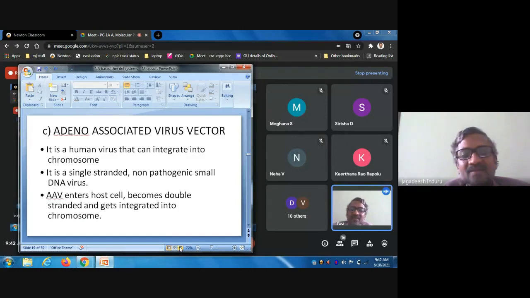In this particular virus, deoxyribose is present, not ribose as such. That is the reason we can't call it RNA. RNA is less stable compared to this. So in the adeno-associated virus vector, we have deoxyribose only, but it is present as single-stranded. This is the virus vector you need to understand.